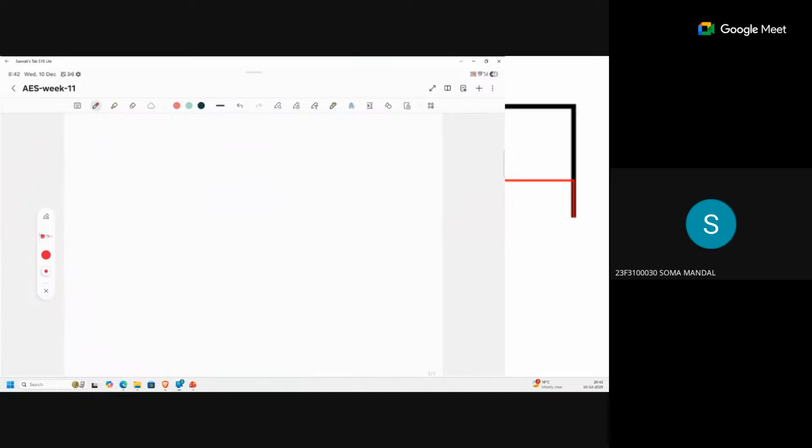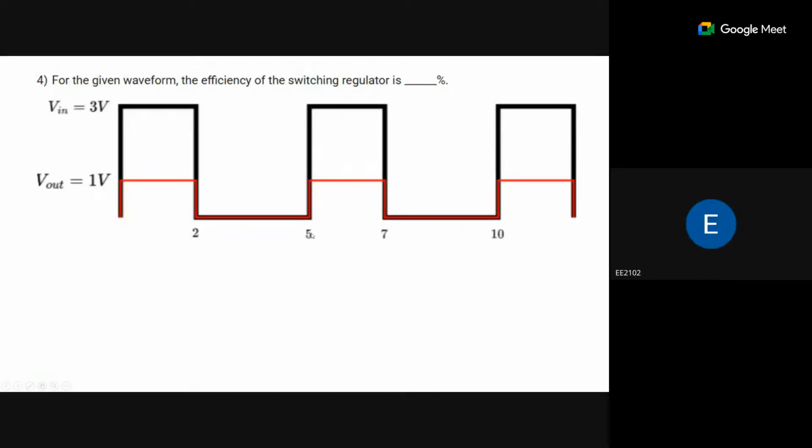Yeah, this is the question. Duty cycle is what? It is the on portion, on over off. Yes, 2 over 5 is the duty cycle, right?